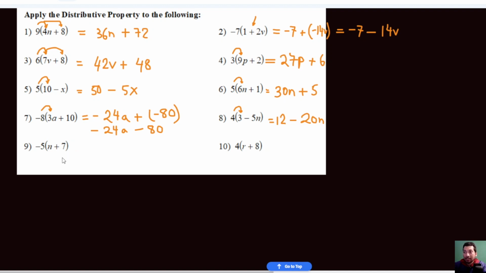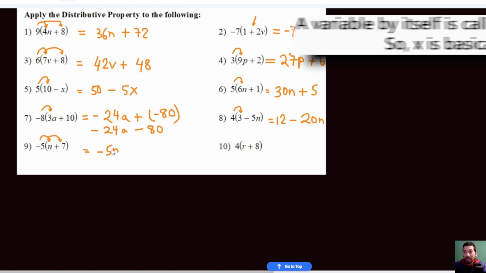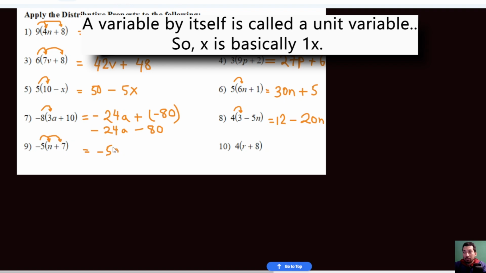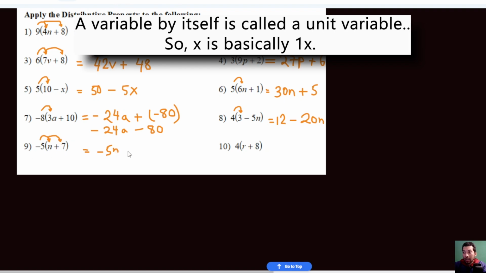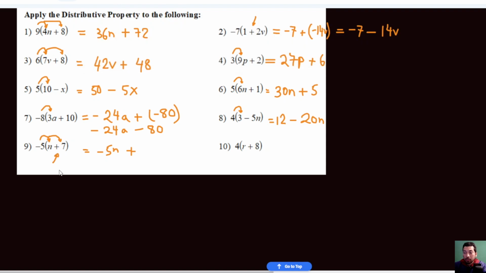Here we can see that -5 would distribute to n and 7. So -5 times n is just -5n. You can see that n has a coefficient of 1. So negative 5 times 1 is negative 5, and we just leave the variable as it is. Then we have this plus sign from here, and then we have negative 5 times 7, which is negative 35.